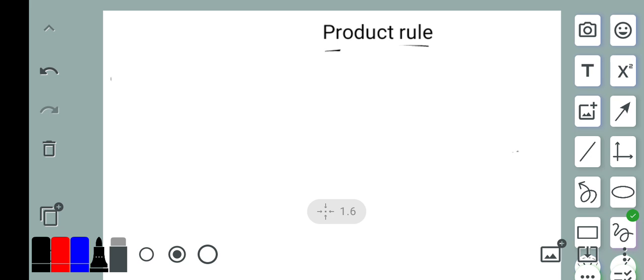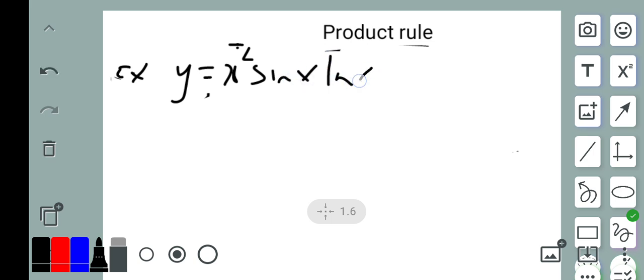Let's say you have y equals x squared sine x ln x.